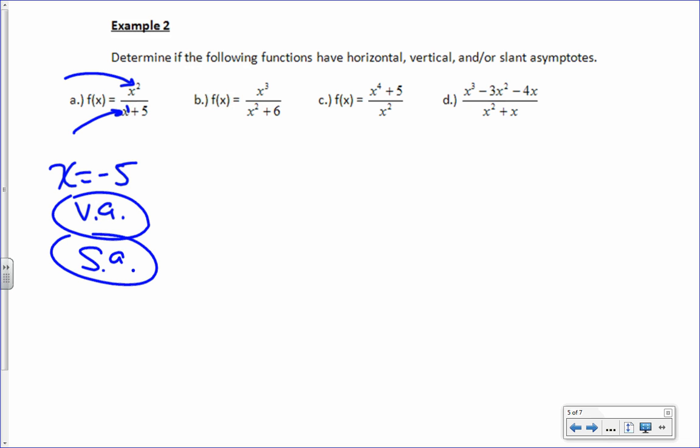Okay. How about the next one? Any holes? Nope, no holes, no factors that cross off. How about any vertical? What are they? Because somebody said yes to that. It'd be positive and negative square root of negative 6, correct?